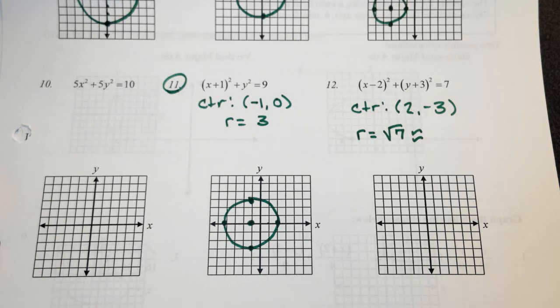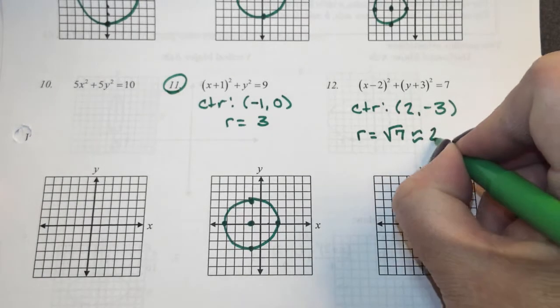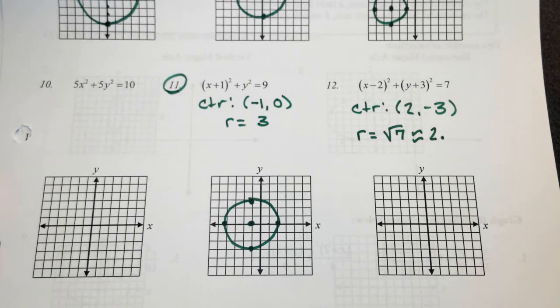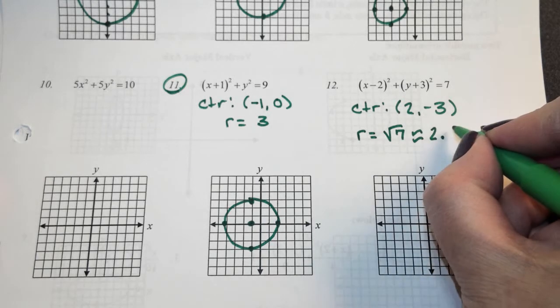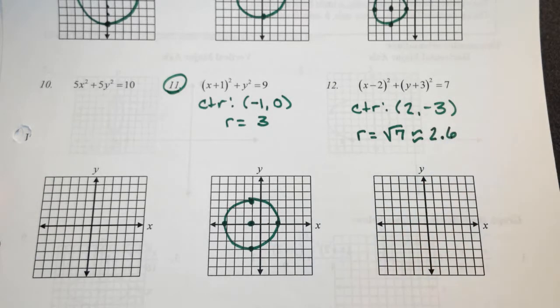What's the square root of 9? 3. So you agree with me that the square root of 7 is located somewhere between the square root of 4 and the square root of 9, correct? So square root of 7 is going to have to be some decimal somewhere between 2 and 3. So maybe about 2.6, something like that. So you're just going to have to estimate that point the best you can.